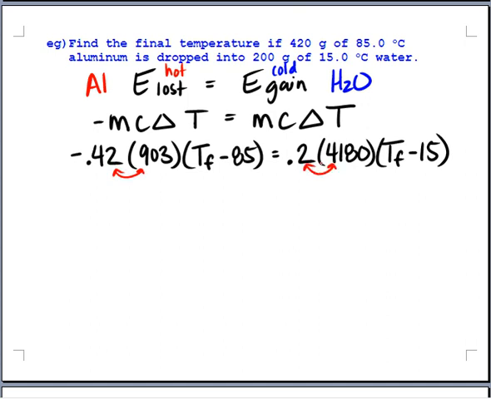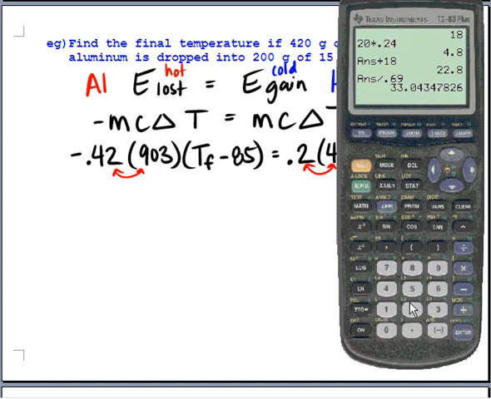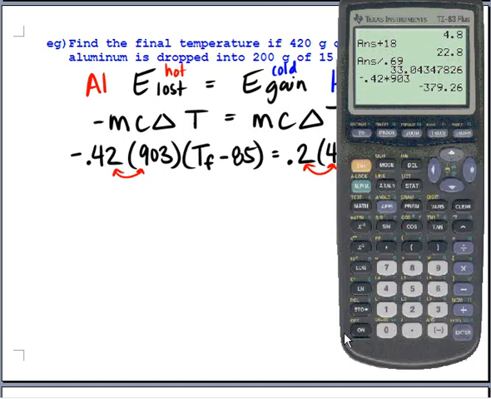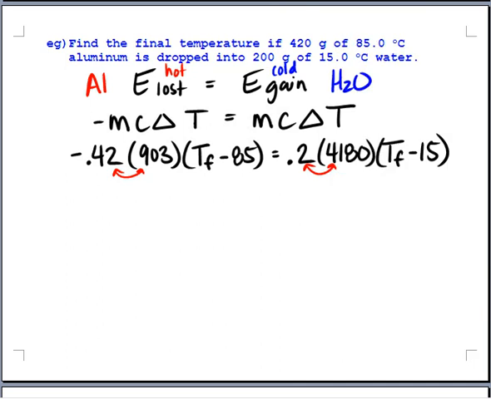This is where things get a little bit slow just in terms of the number crunching. Let's combine those quickly. Negative 0.42 times 903 is negative 379.26, times (TF minus 85).